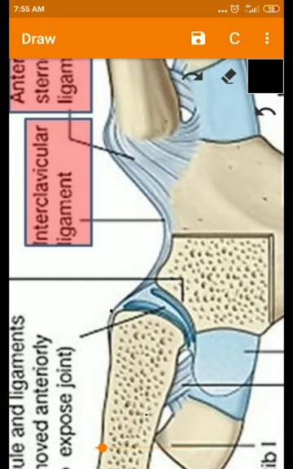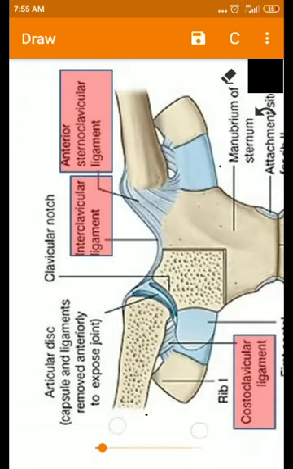Now we'll see another ligament, the costoclavicular ligament. The name itself indicates costo. Costo means a rib, isn't it?